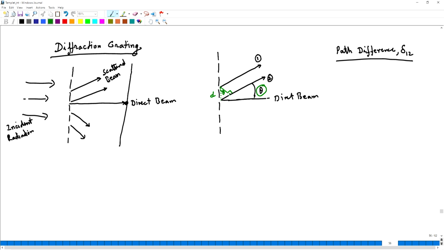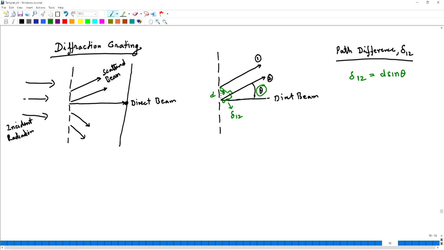The path difference is the difference between the distance travelled by the two rays before they fall on a detector or on a screen. That difference is this much, which is delta 1 2. So, clearly from this triangle out here, delta 1 2 would be equal to d sin theta.